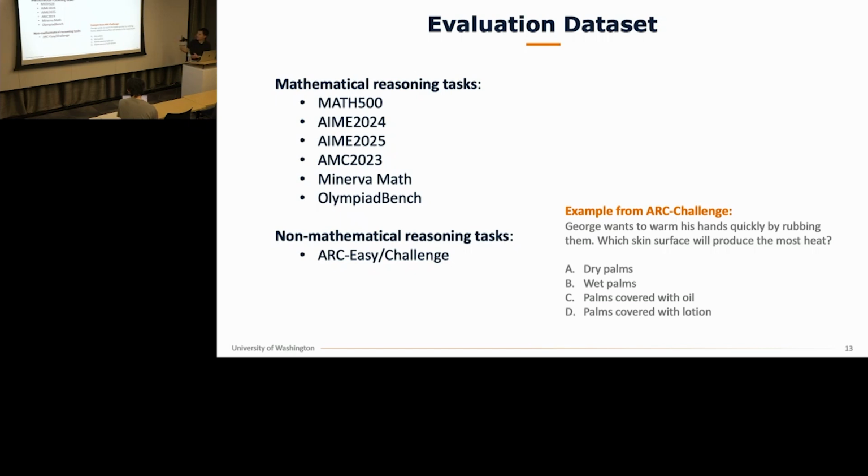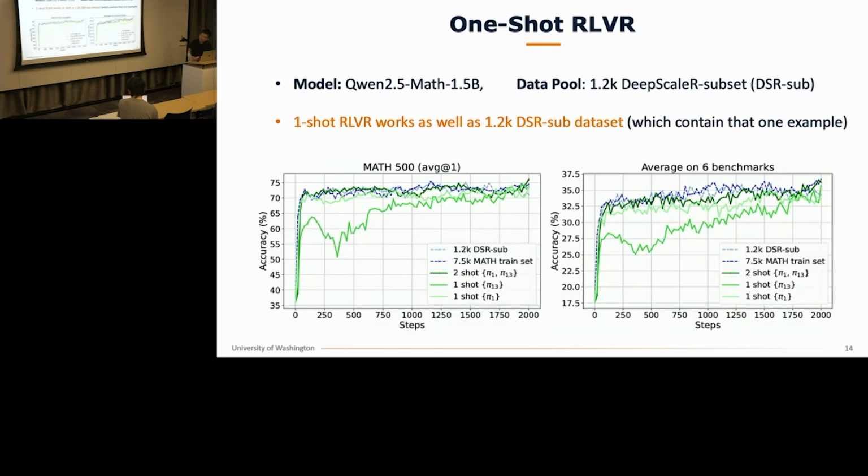But we will show you that even if you train on the math data set, you can also improve the reasoning capability for other domains as well. All right, so let me show you the result first. We call this one-shot RLVR because we only use one training data.